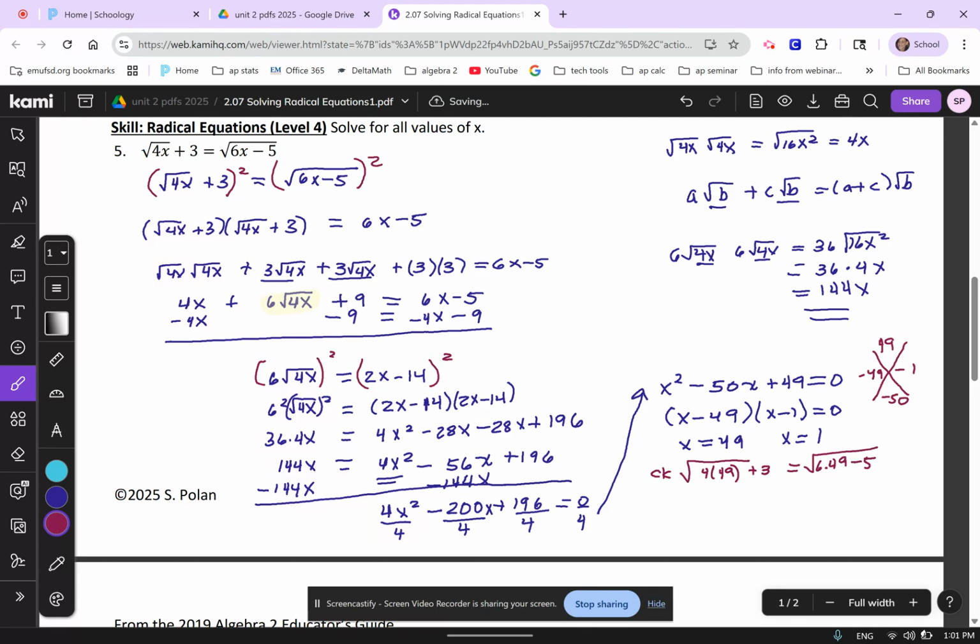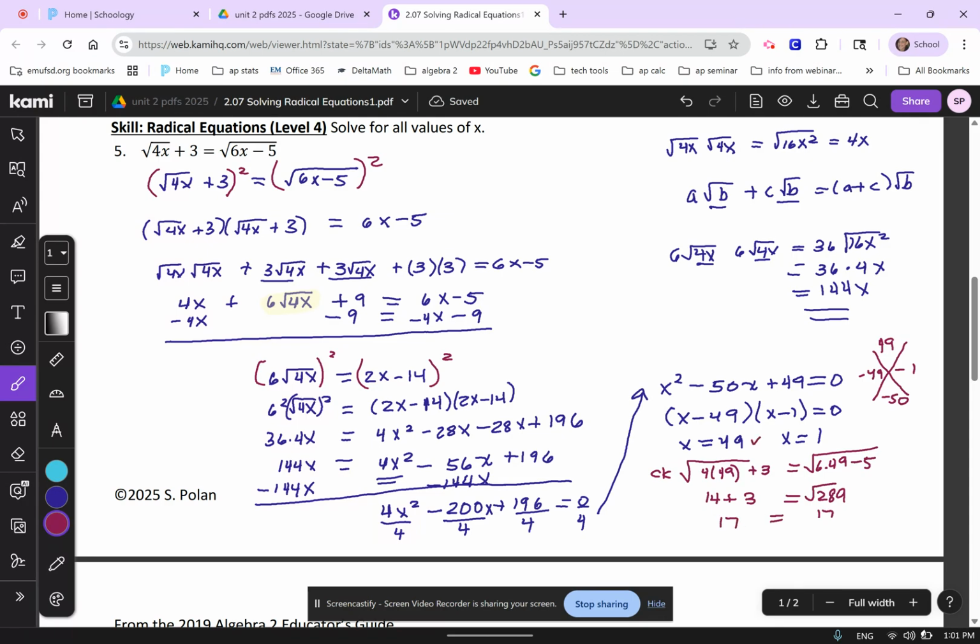And we're going to multiply that out. 4 times 49 is 196. And the square root of 196 is 14 plus 3. And 6 times 49 is 294 minus 5 is square root of 289, which turns out to be 17.